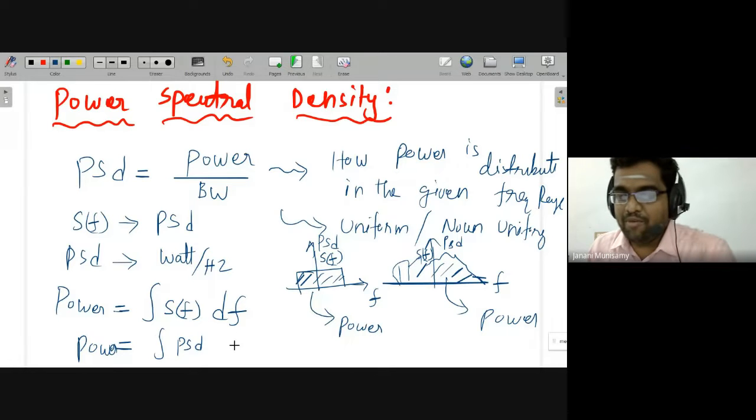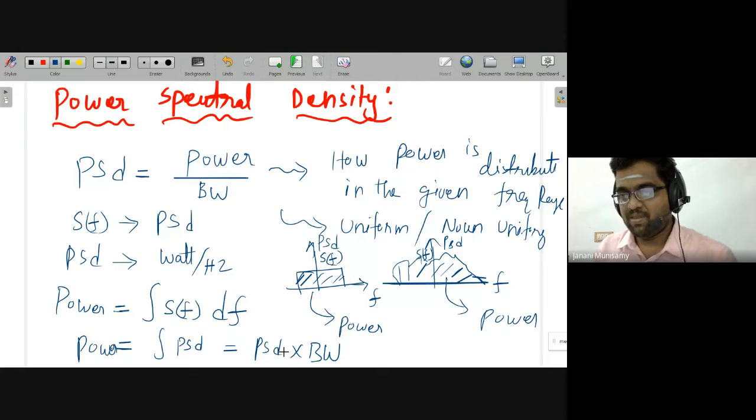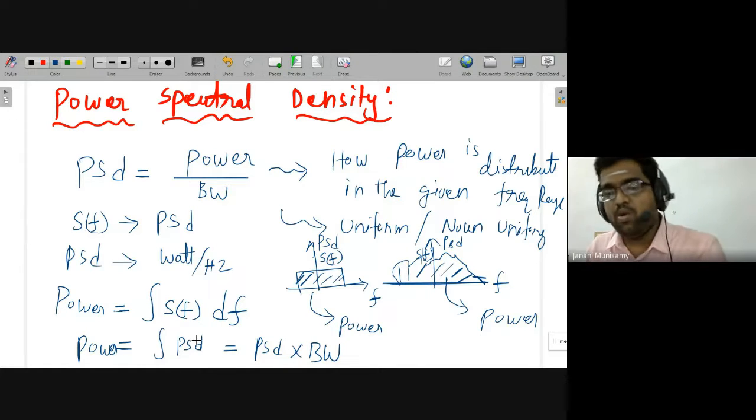If it is uniform, it will have only one value, so that PSD you can directly multiply with the bandwidth. You know what the bandwidth is. But if it is non-uniform, you have to use the integration operation. Already you know the application of integration: integration will give the area. If the area is uniform, directly you can use the ordinary A cross B formula.